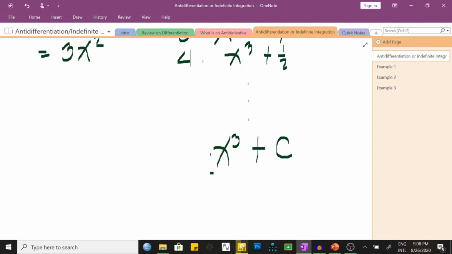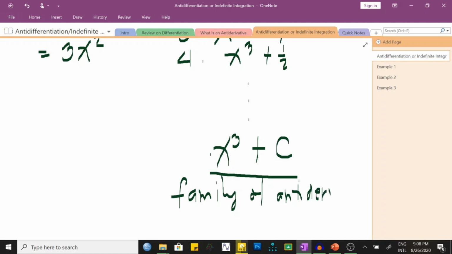So in general, we say that this is called a family of antiderivatives. A family of antiderivative can be written as x cubed plus c.